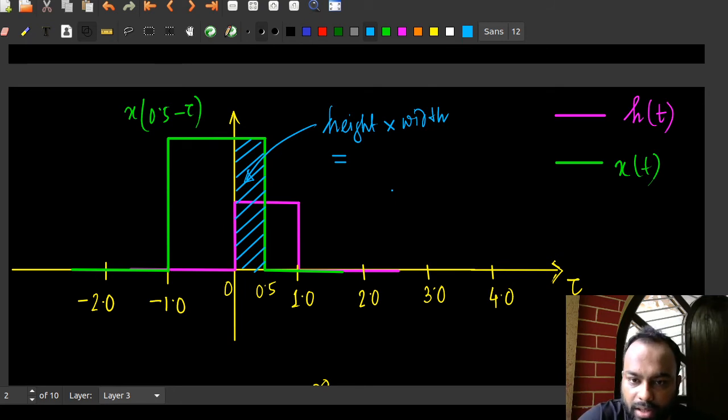So this area is 2 into 0.5, so that's 1. That's understood, I think, right?